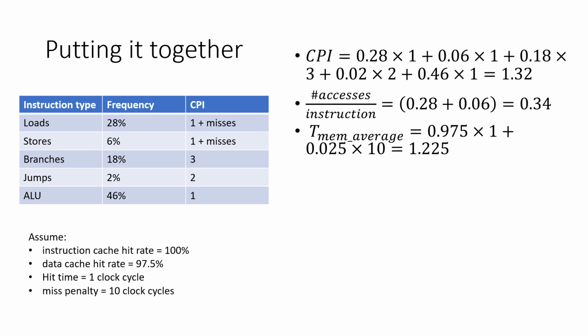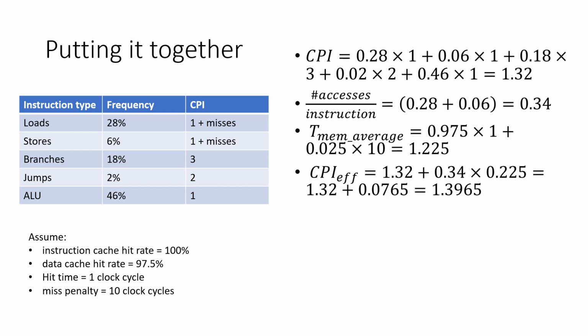When calculating the effective CPI, we take the base CPI 1.32 plus 0.34, the number of accesses per instruction, times the miss time, which is 0.225. Note that we have subtracted the hit time 1 from the average memory access time. The effective CPI becomes about 1.4.